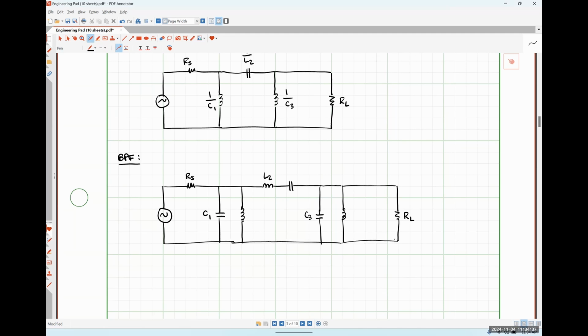And the element values for these added components are literally just the values from our high pass filter. So we're going to have C1 in parallel with a 1 over C1 inductance. We're going to have L2 in series with a 1 over L2 capacitance. And we're going to have C3 in parallel with a 1 over C3 inductance.